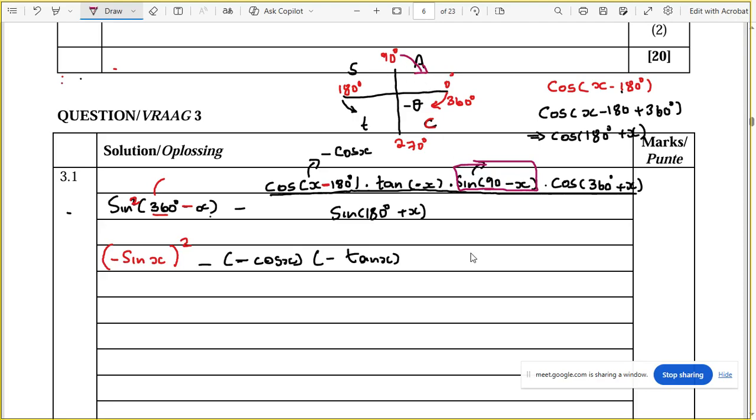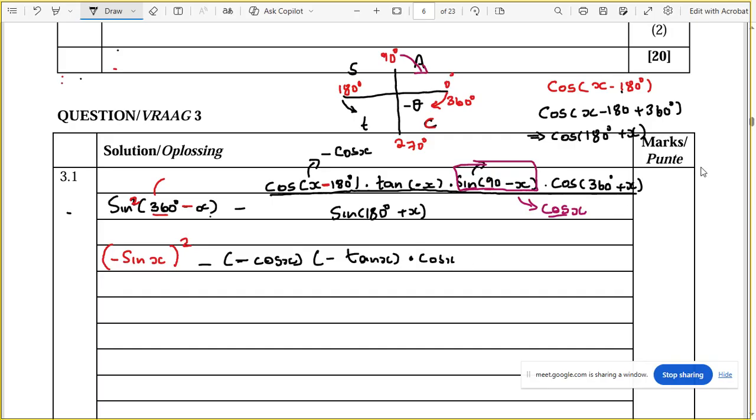Sine is positive. Therefore, this will change into positive the cos x. If this is sine, sine changes to cos. How do you see that? Because of the 90. 90 degrees tells you that this is a cofunction. So I'm going to multiply this by the cos x.